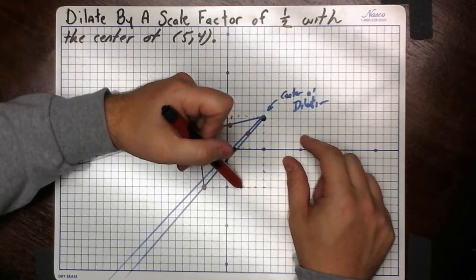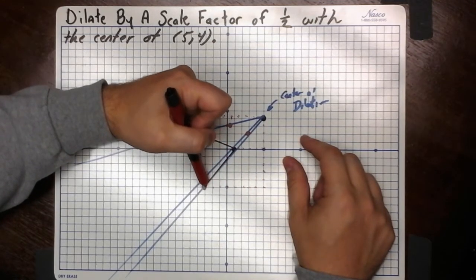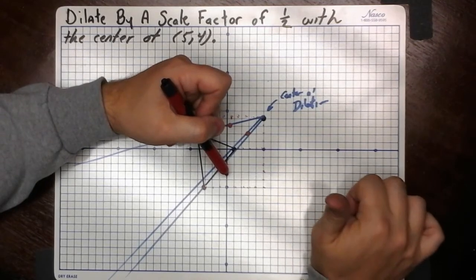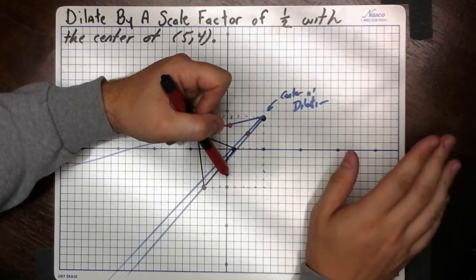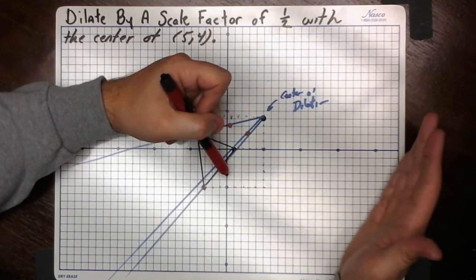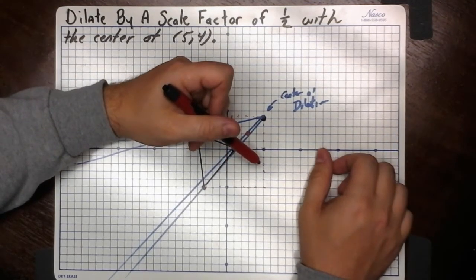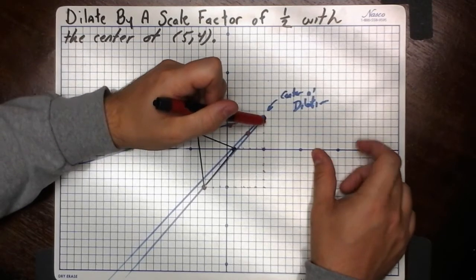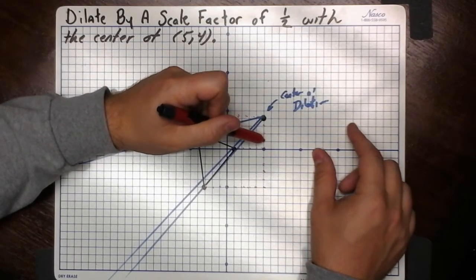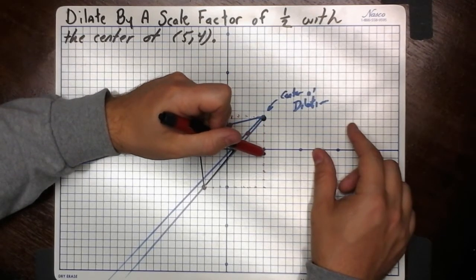And 1, 2, 3, 4, 5, 6, 7, 8. So down 9, over 8. I divide that by 2, so I'm going to have 4.5 by 4. So 1, 2, 3, 4, 4.5.